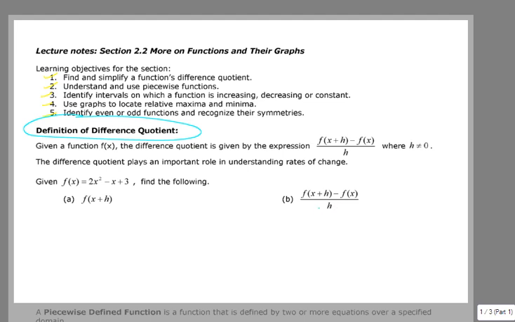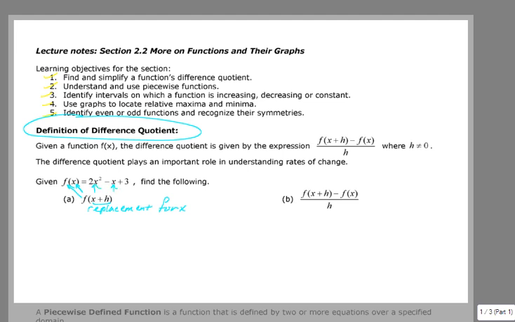So this first part will just get us some practice on how to handle f of x plus h. Remember how to work with function notation. Remember, this part in here is just your replacement for x. That means I'm going to go to the function f, and everywhere I have an x, I'm going to replace it with an x plus h.